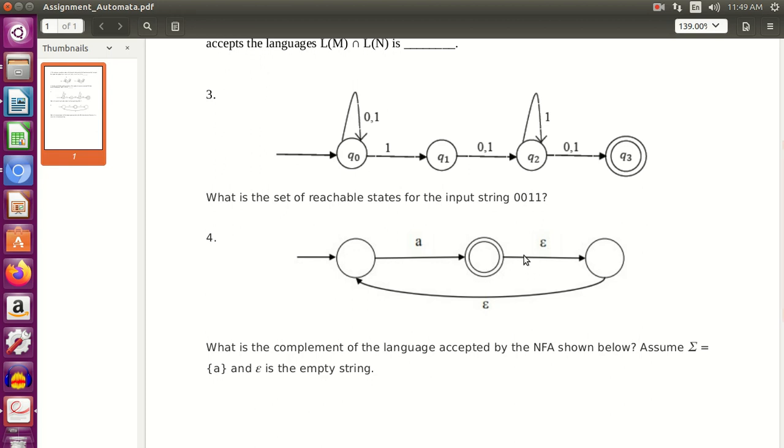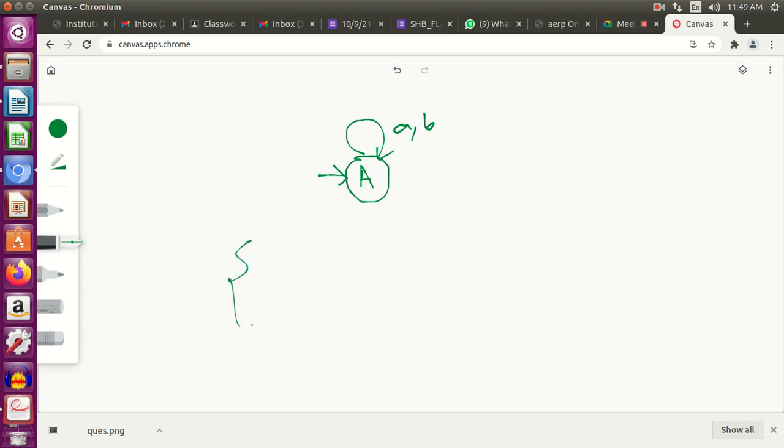Like you have A star, that is Kleene closure, but it's at least one A. So you can have one A, 2A, 3A. It's a kind of loop because these are epsilon transitions. So you can have multiple numbers of A, but at least you should have one A. I can write it like this: A plus. If you remember this, we have A, we have AA, we have AAA, and so on, right?